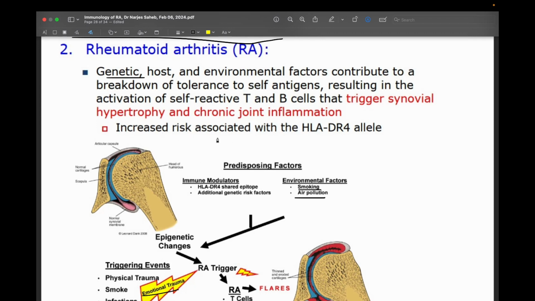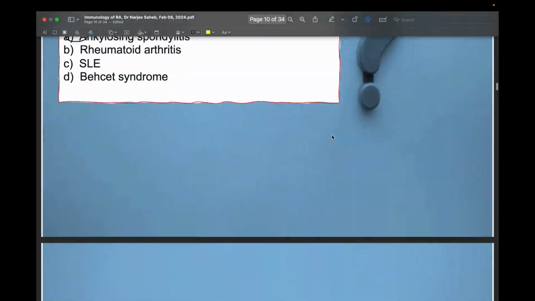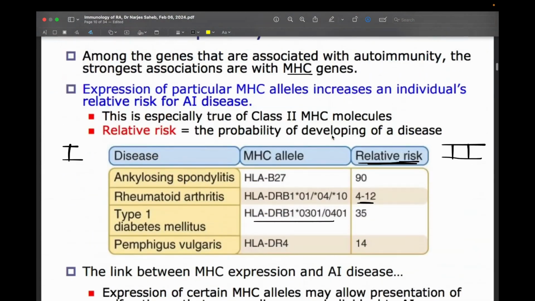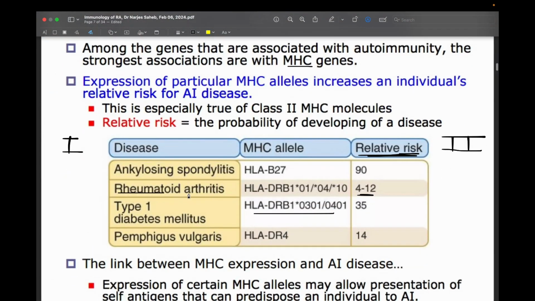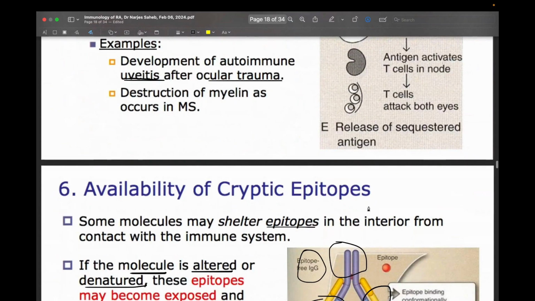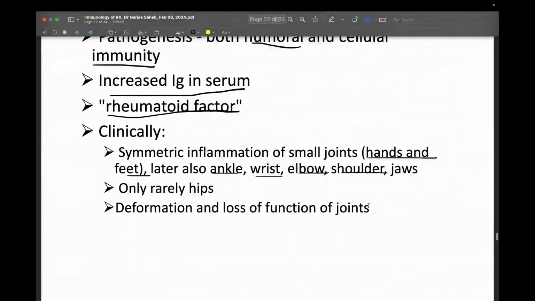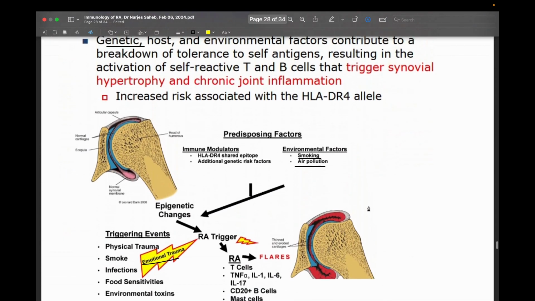And here there is increased risk associated with HLA-DR4, which is what? The MHC class 2. Let's go back to the beginning. What did we have here? We had rheumatoid arthritis, MHC class 2, HLA-DR, we have 1 and we have 4 and we have 10. Its relative risk is between 4 and 12. So it increases the risk of rheumatoid arthritis if a mutation happens to that gene by 4 to 12 times. This is the idea that we must know.